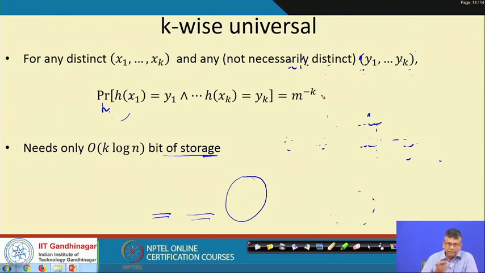In order to store this particular hash function, you will only need to store the coefficients that this polynomial uses. There are going to be k numbers, each of them will only need order log n bits, and therefore it's enough to store order k log n bits.